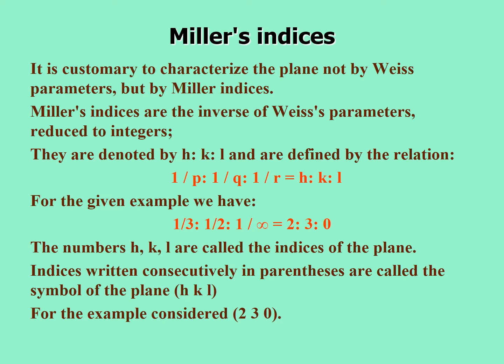As an example, you can see here for the given example we have 2, 3, 0. The numbers h, k, l are called the indices of the plane. Indices written consequently in parentheses are called the symbol of the plane (h k l). For example, consider (2 3 0).